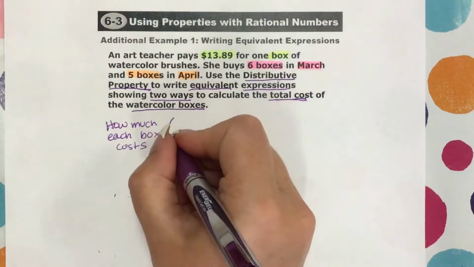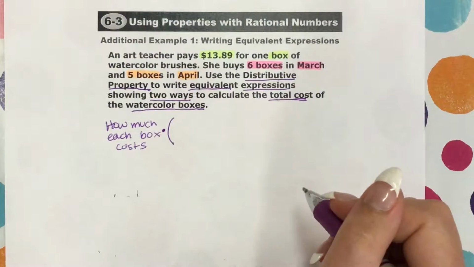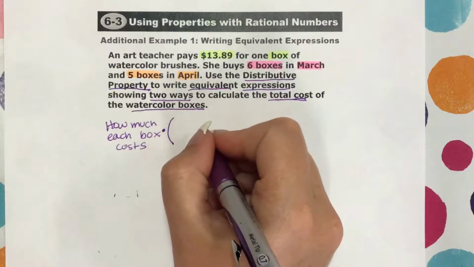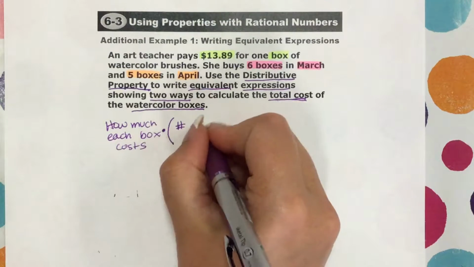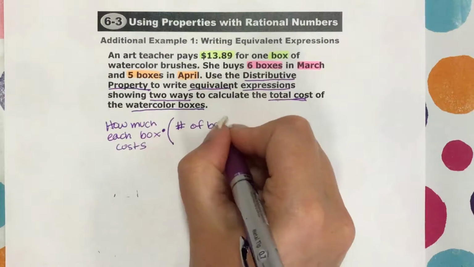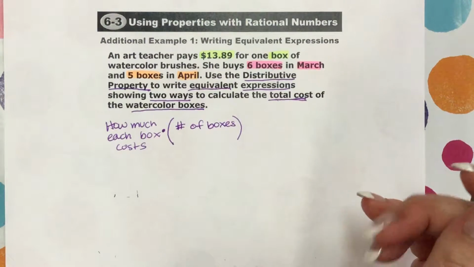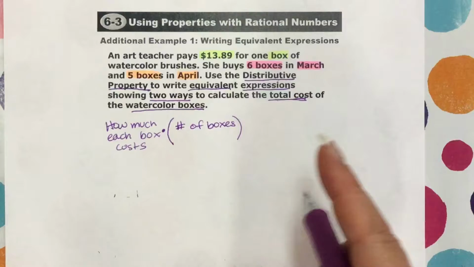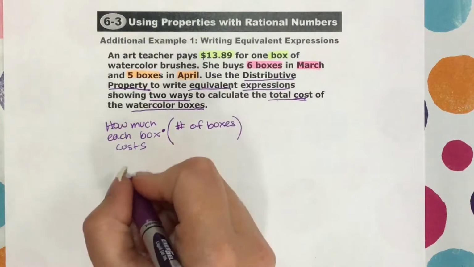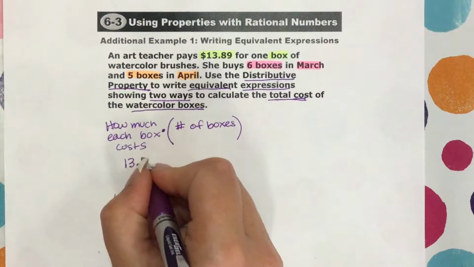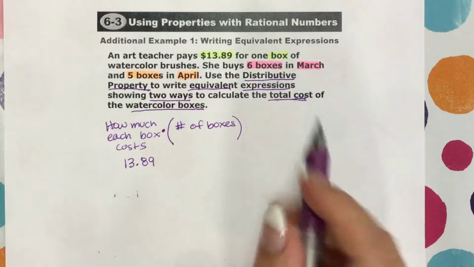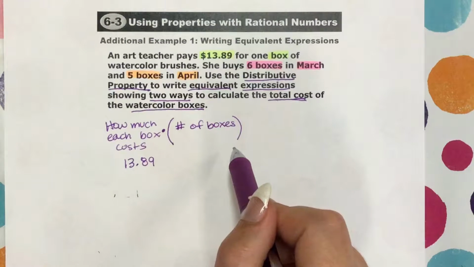I'm going to use a parenthesis, multiply a parenthesis, by the number of boxes that we bought. Okay. So how much does each box cost? Well, it costs $13.89. Perfect.